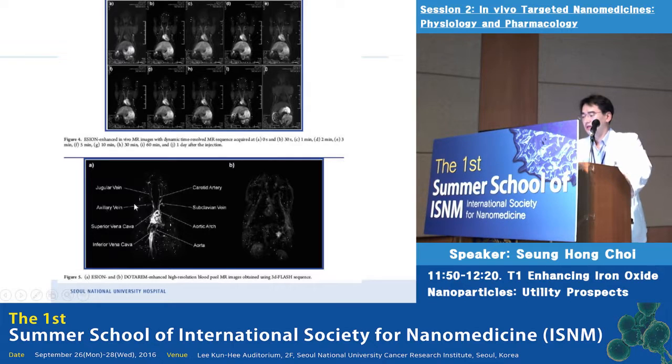Actually, it takes about 5 to 10 minutes to obtain these two images. The iron particle has two benefits, as I mentioned before: longer circulation time, and the other one is less leaky to the normal tissues. Because of these two reasons, we can make more clear MR angiography like this.